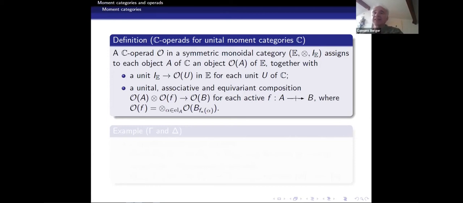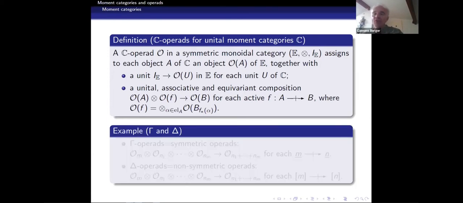So let us just have a look for our examples at what it does. A gamma operad is indexed by the objects of gamma, so by the natural numbers. And for an active map from M to N, you have a map from OM tensor OF into ON. But an active map, we have seen, is just a partition of the target.